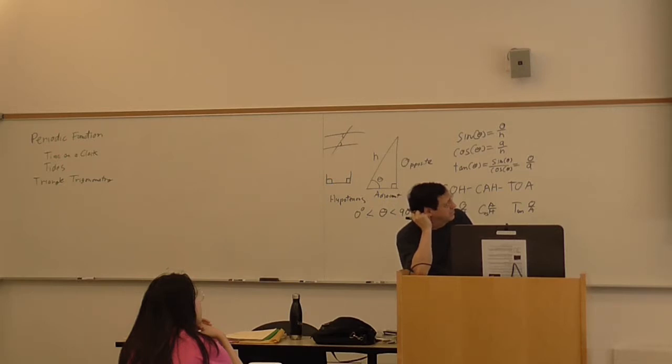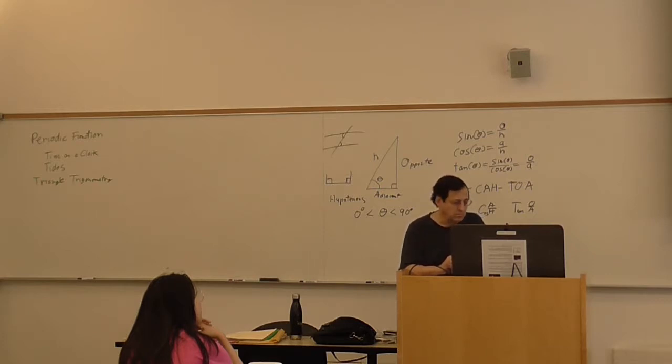This point has a vertical coordinate sine t and a horizontal coordinate cosine t. But these are just the lengths of the other two sides of the triangle. This shows that sines and cosines are ratios of lengths of sides of a right triangle.